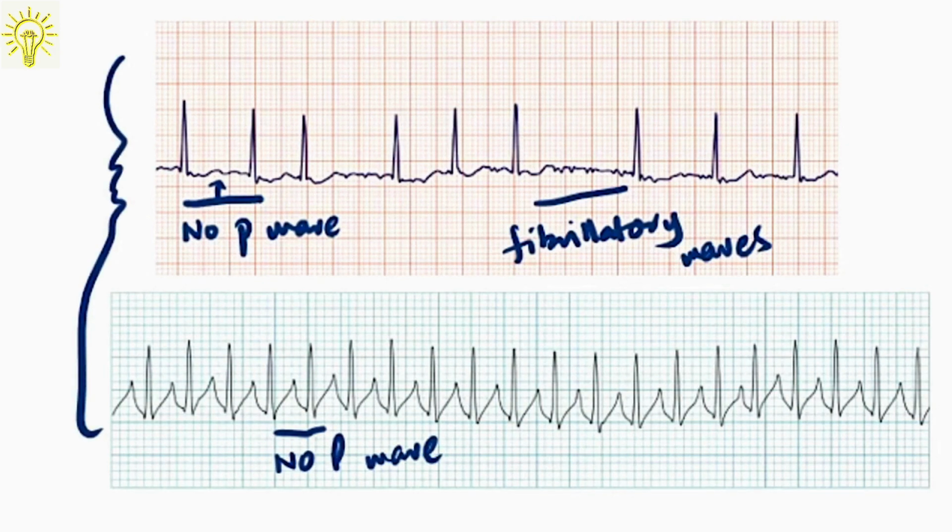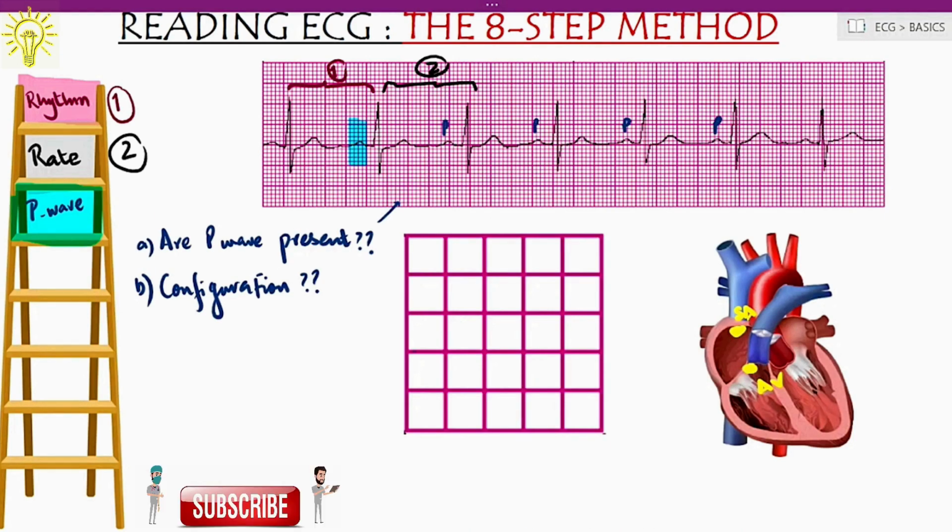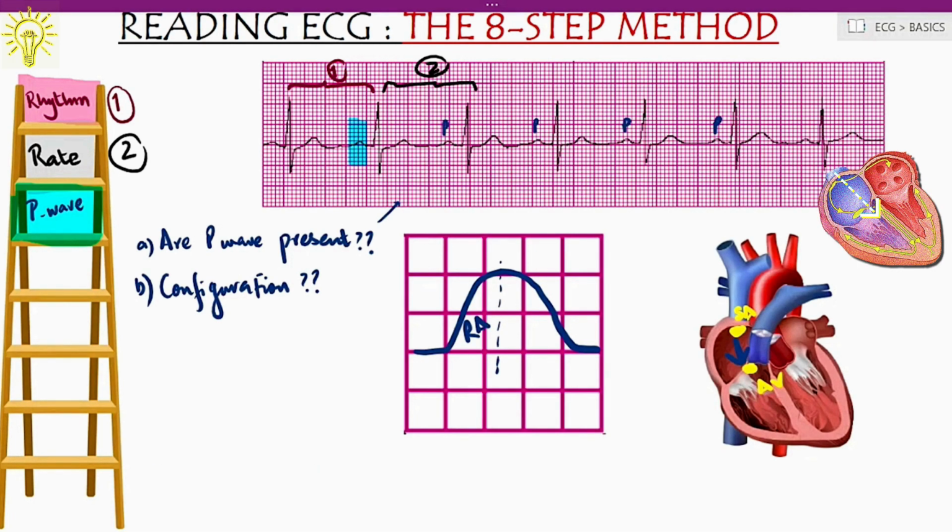So if a P wave is present, the next question is about its shape, its size, its configuration. We have discussed this in episode 2. Depolarization moves from the SA node to the AV node along lead axis 2. So a positive P wave deflection is seen, with the first half of the P wave showing right atrial and the second half showing left atrial depolarization.